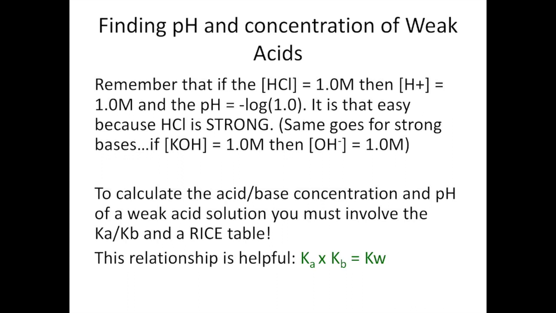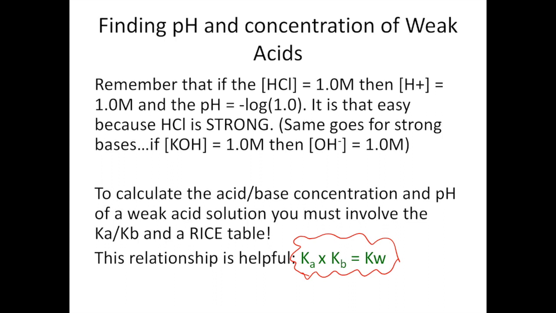But when you have a weak acid or weak base, to calculate the acid-base concentration, or pH, you need to use the Ka and Kb, and you also need to do a RICE table.